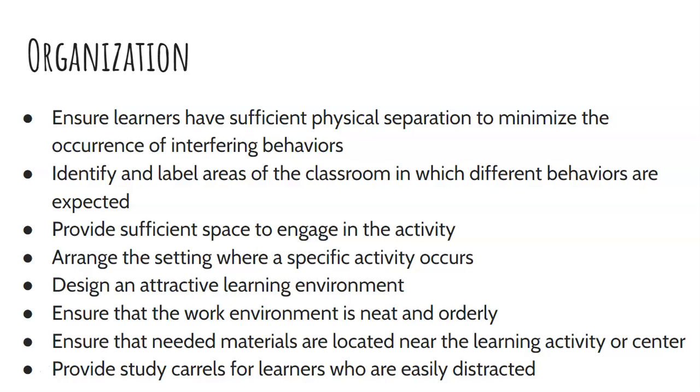Ensure that the environment is neat and orderly, and that all of the materials needed for the learning activity are there. If they need scissors, they need to be accessible in the learning center, or the students need to know where to access the materials for the particular center.